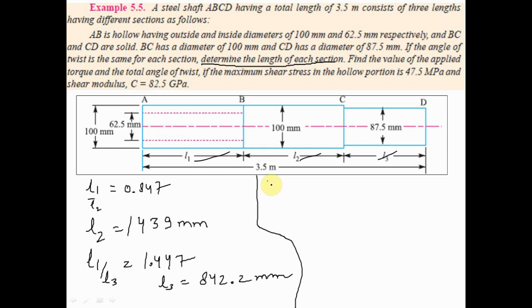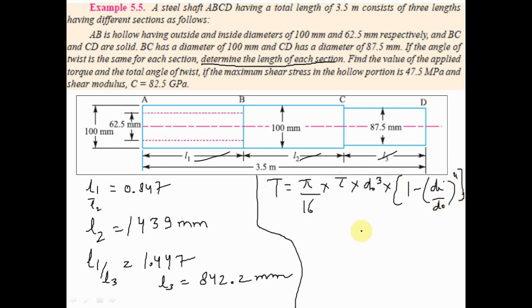The hollow formula for the torque is pi by 16 times shear stress times d outer to the power 3 multiplied by bracket 1 minus d inner upon d outer to the power 4 bracket close.